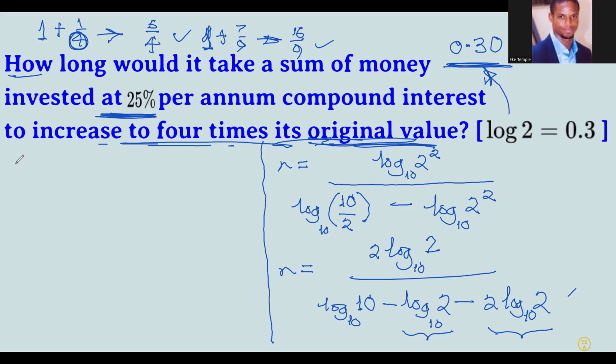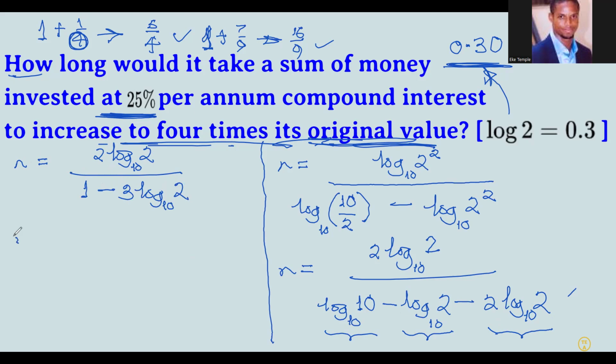So we have n patiently is going to give us 2 log to base 10 of 2 divided by, we have log to base 10 of 10, same number, already we can say it is 1, minus 2, that's minus 3 log to base 10 of 2.